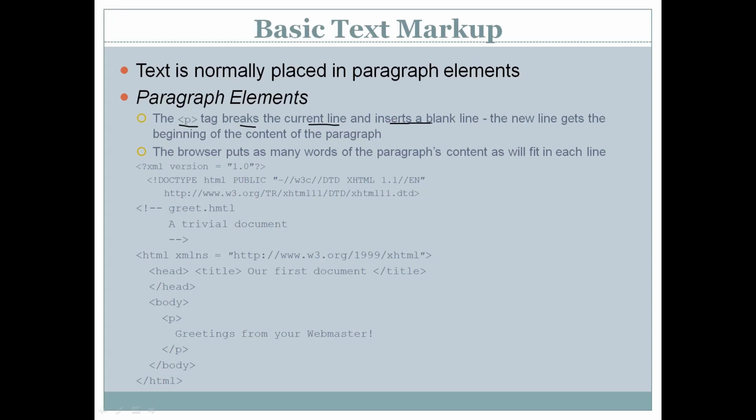Then it inserts a blank line first, and then the new line gets the beginning of the content of the paragraph. So the paragraph tag breaks the current line, creates a new line, and then adds its content, whatever content we add in the paragraph, and again a new line is inserted at the end. Let us see this with an example.